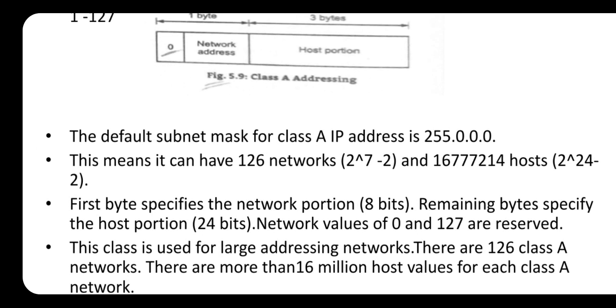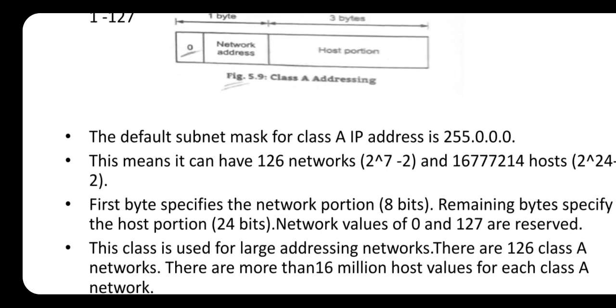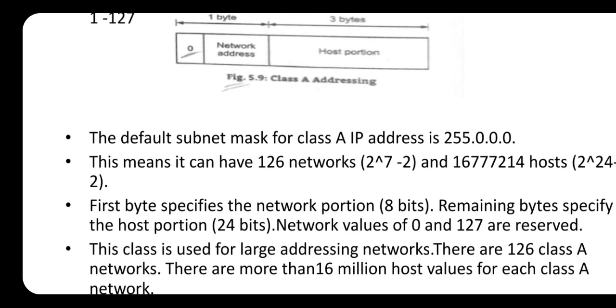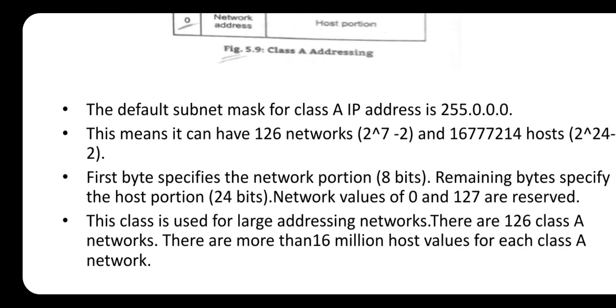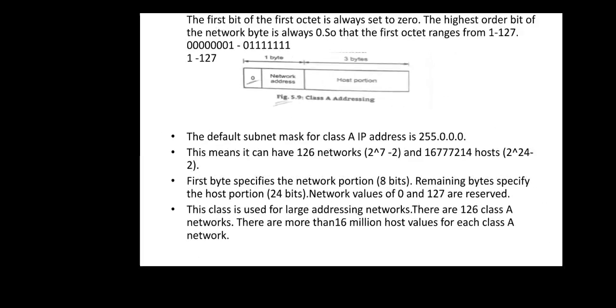The first byte, 8 bits, specifies the network portion, and the remaining 3 bytes, 24 bits, specify the host portion. Network range is from 0 to 127, where 0 and 127 are reserved. This class is used for large networks. There are 126 class A networks and more than 16 million host values for each class A network.